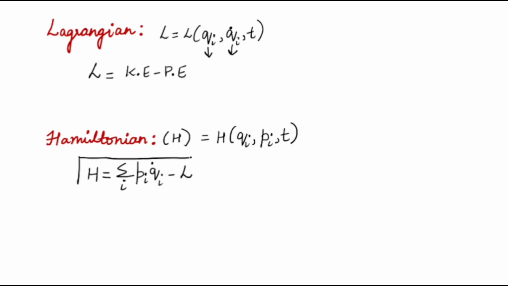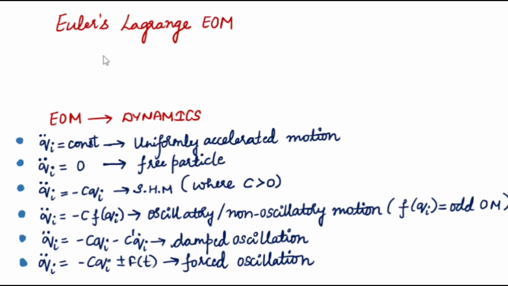This is very important while solving problems. And we have one more important equation of motion for Lagrangian, called Euler-Lagrange equation of motion. This expression is very important for solving problems. We need to remember this.